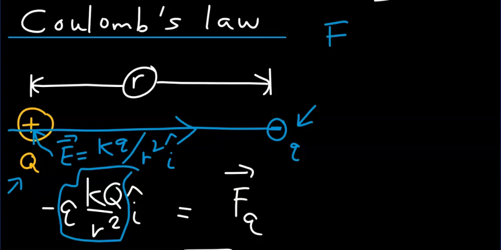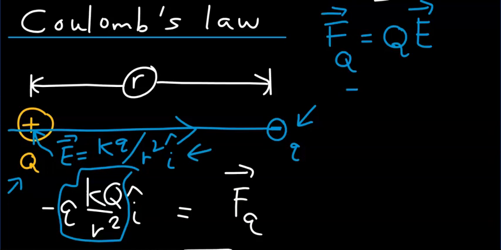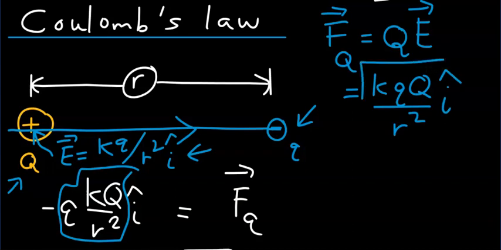The force that capital Q experiences due to the electric field produced by little q is given by the strength of that capital Q times the electric field E, that is this electric field. And putting together we get K little q capital Q over R squared, now in the direction I hat or rightward. So if you note these two expressions, you see they are identical in magnitude.